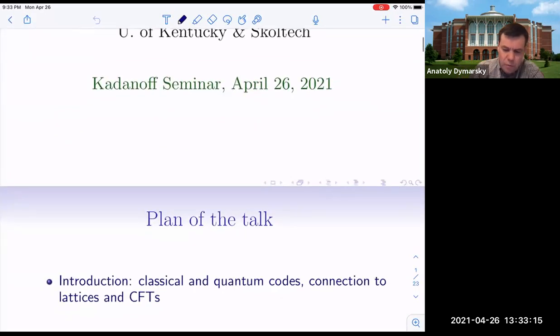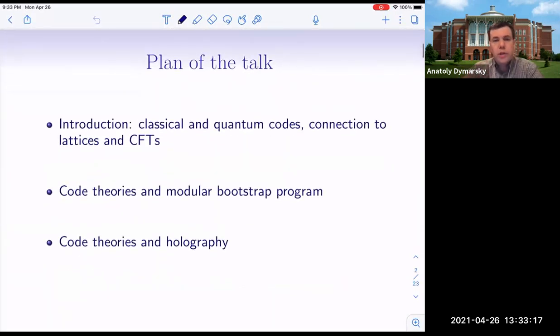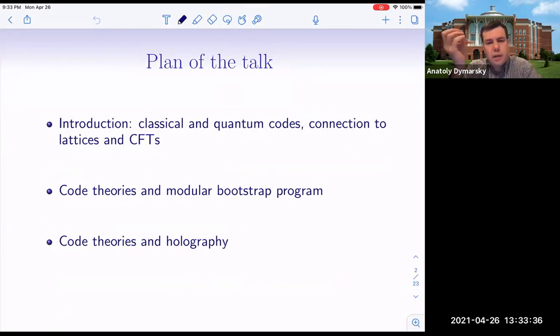The plan of the talk will be the following: introduction and review of what classical codes are and how to connect them to lattices and field theories. Then the main talk would consist of two logical parts. The first part would be using codes to study properties of specific special conformal field theories with some extremal properties.